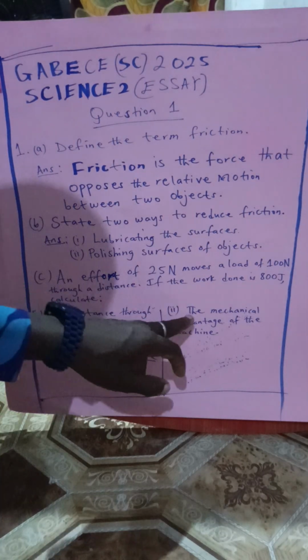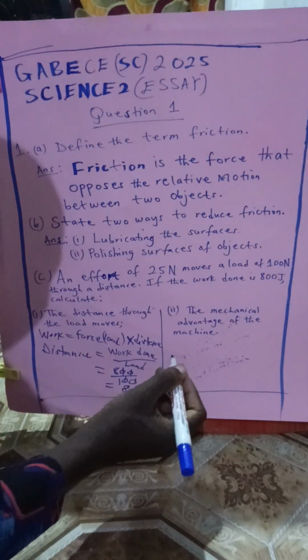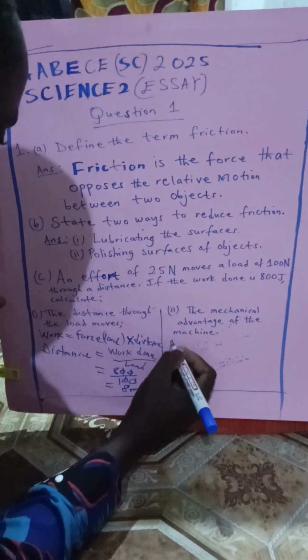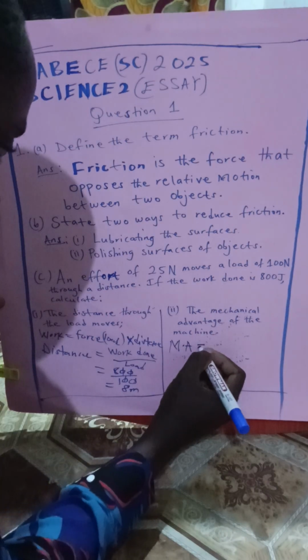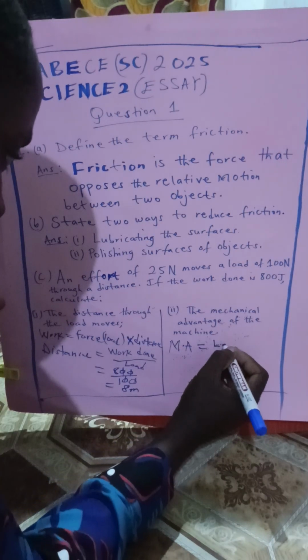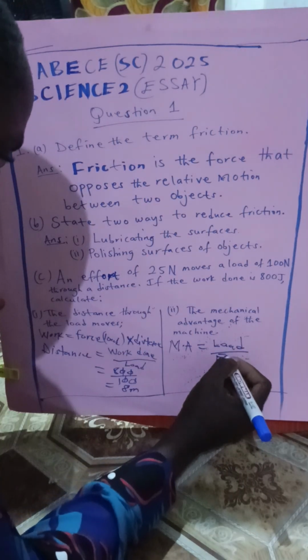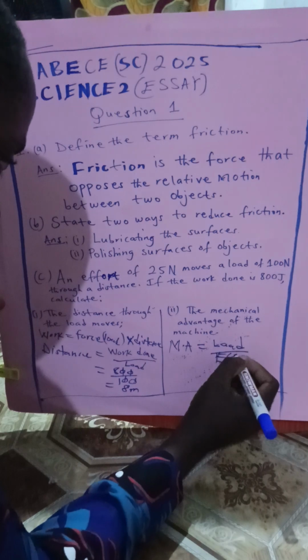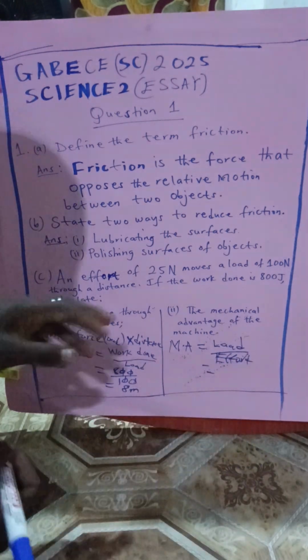So the next question, the mechanical advantage of the machine. The formula for mechanical advantage, let me just shorten it. Mechanical advantage equals load over effort. Now what is the load?